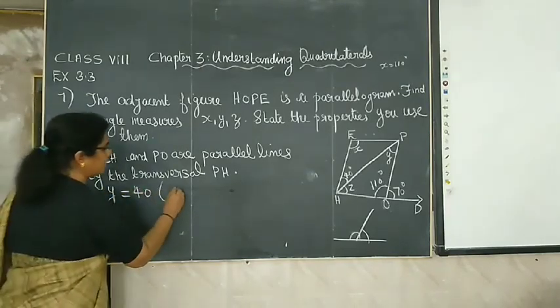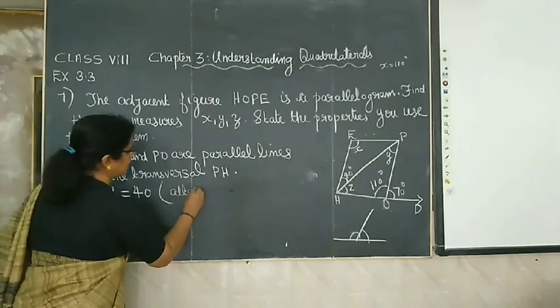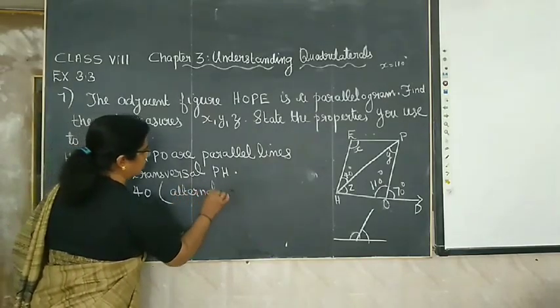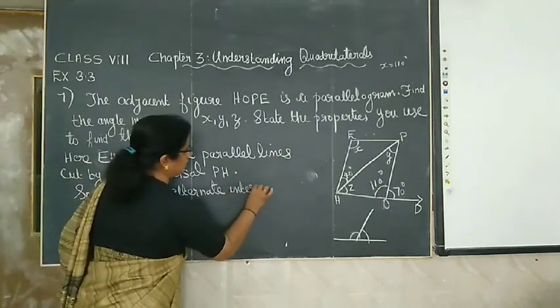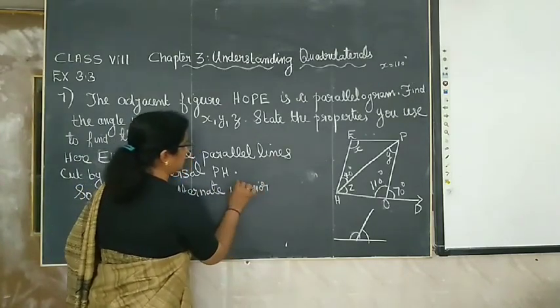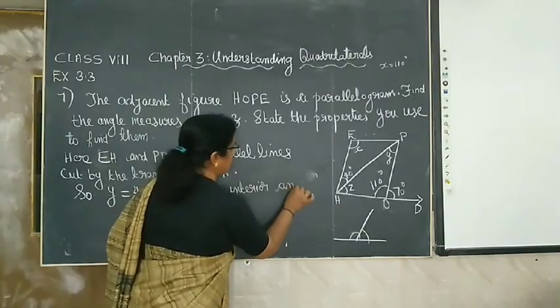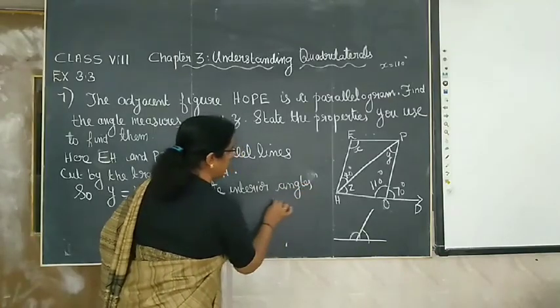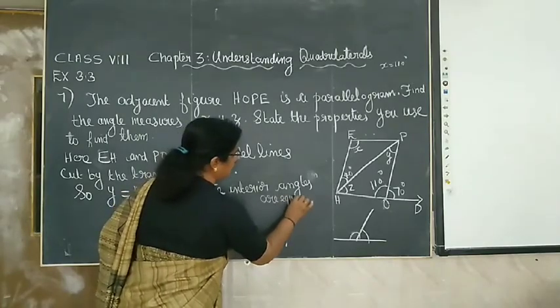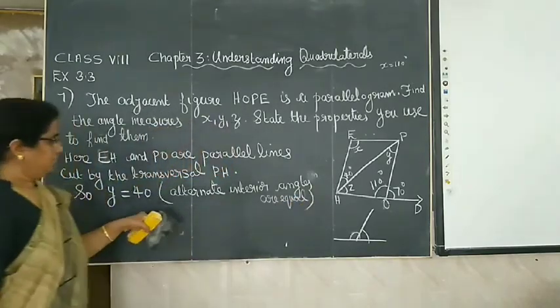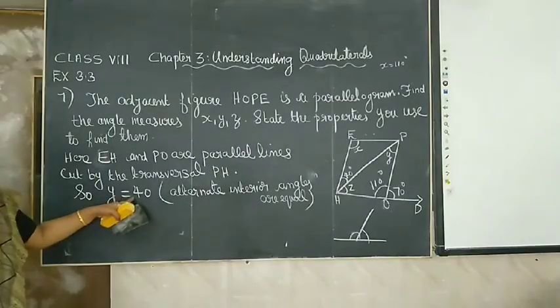That is, alternate interior angles are equal. Therefore, y equal to 40.